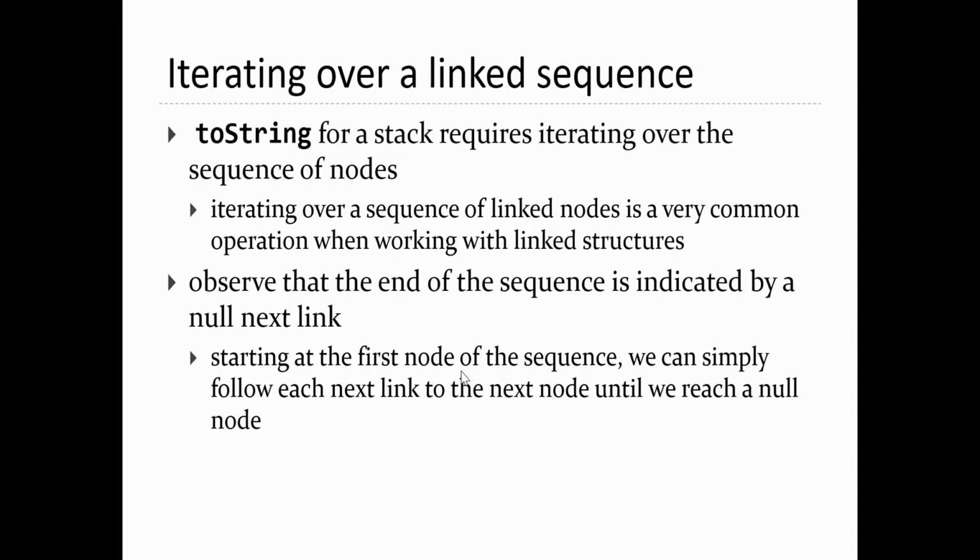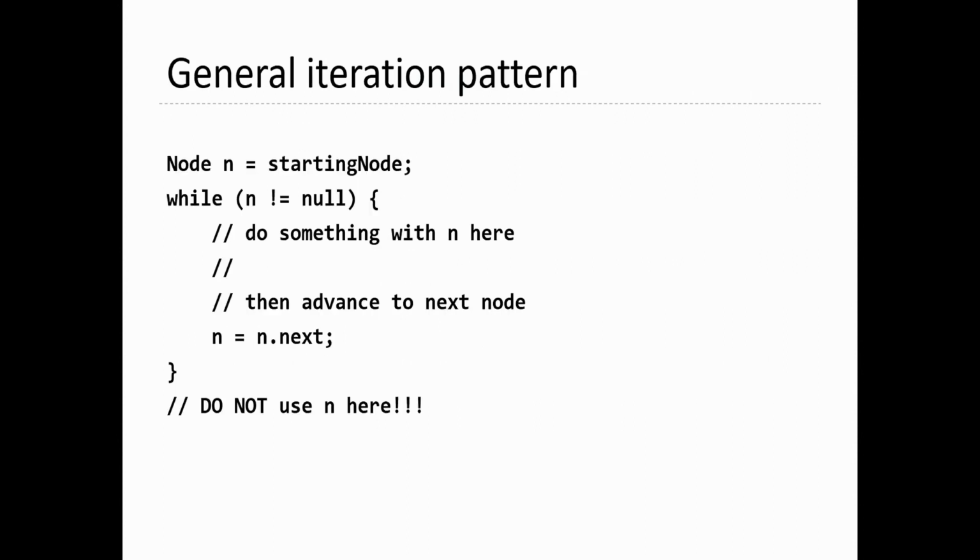So starting at the first node of the sequence, you simply follow each next link to the next node until you reach a null node. This is the general pattern that you can use to iterate over a sequence of nodes. You don't have to start at the top. It could be the case you're implementing something and you're in the middle of your sequence.